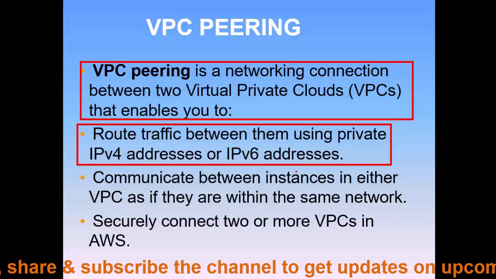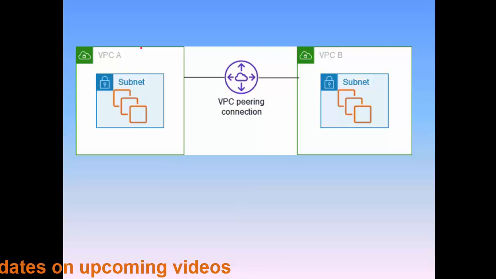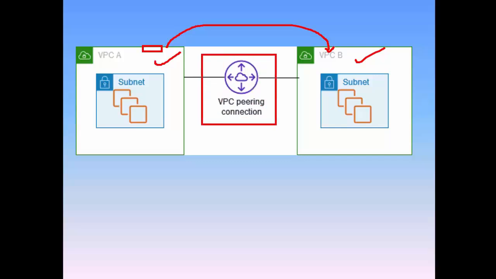Take two different VPCs. We can communicate without peering, on the basis of public IP. But when we enable the peering, these two EC2s within the different VPCs can communicate with the private IP. You know very well, a private IP cannot go over the internet.